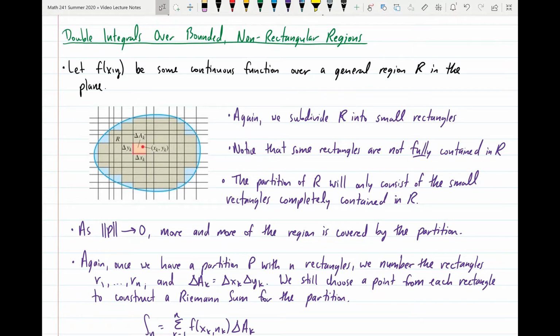Notice that some of the rectangles are not fully contained in R. The partition of our region R is only going to consist of all of the small rectangles that are completely contained in R. So those rectangles where a portion of them is blue will not be considered part of the partition of the region R.